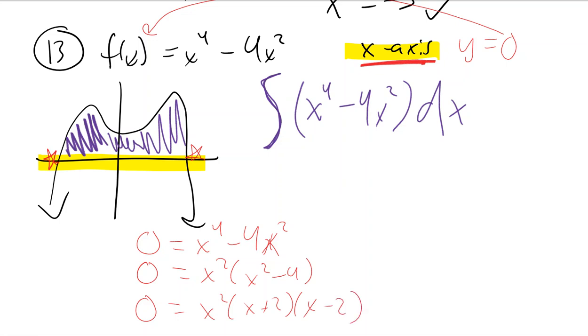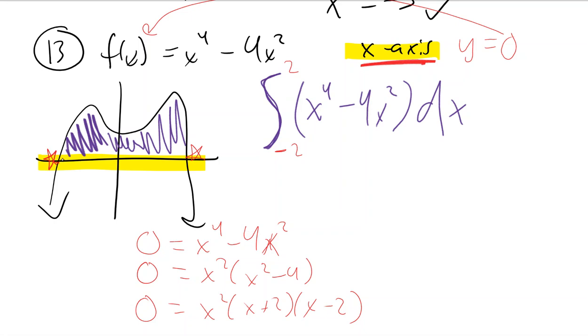And it looks like it crosses the x-axis at 0, 2, and -2. Again, my picture looks nothing like that because I don't know what that function looks like, at least reasonably. But I do know that it's going to cross the x-axis at the far left at -2 and the far right at +2.